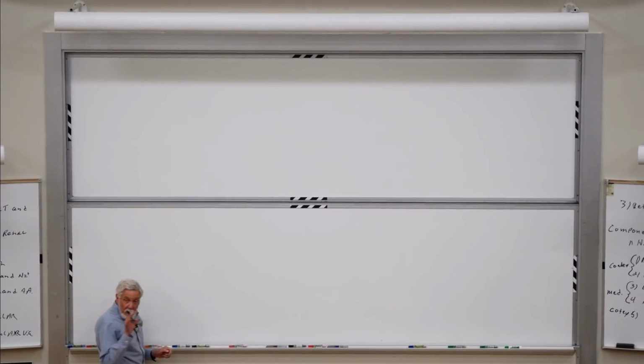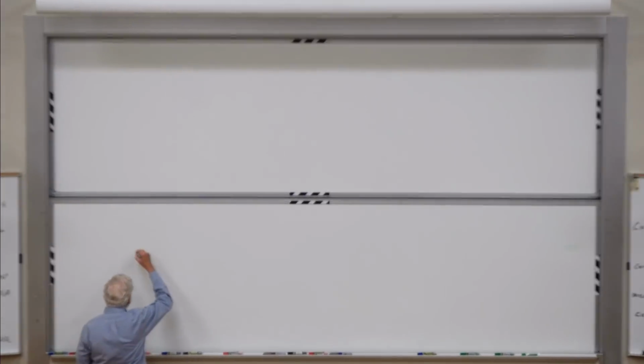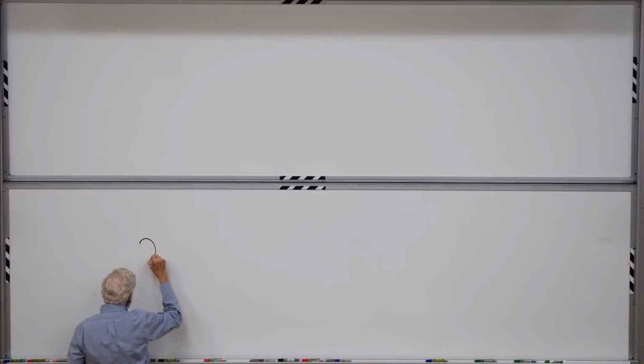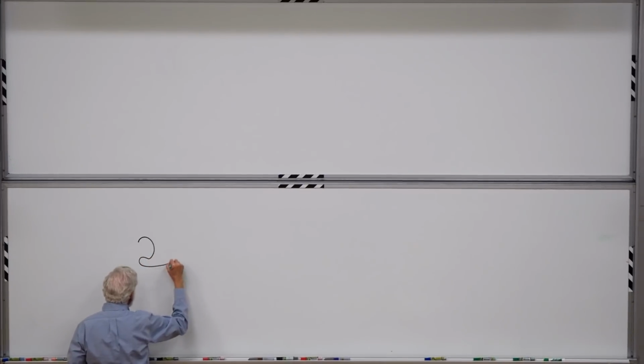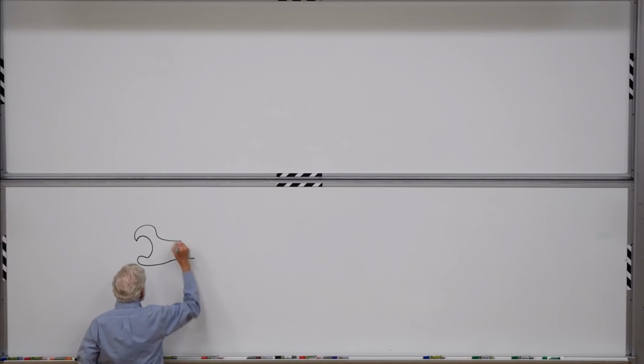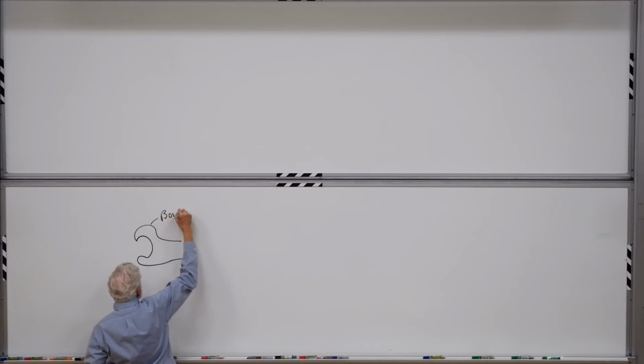But let's simplify the drawing here so we can follow where we are. So this sort of cup-like structure is meant to represent Bowman's capsule.